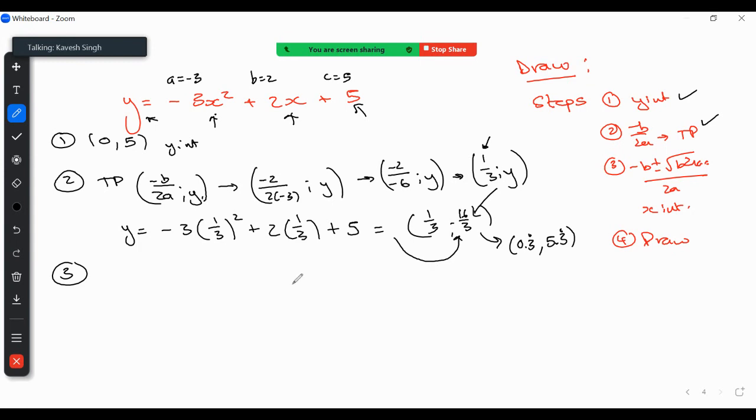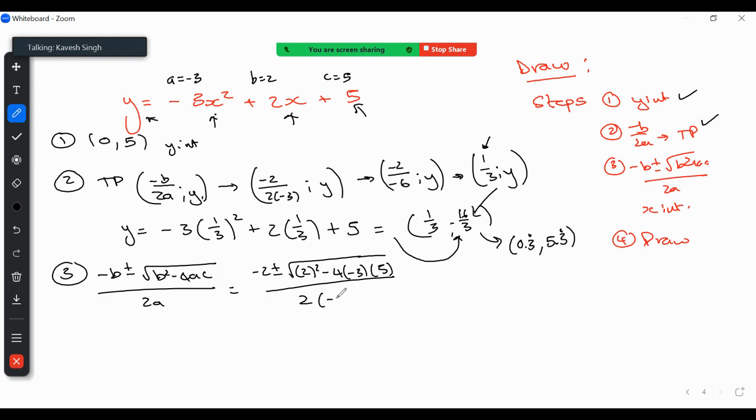Step 3, we want to find our x-intercepts. So we're going to go with minus b plus minus the square root of b squared minus 4ac over 2a. Minus 2 is my b value. 2 squared minus 4 times negative 3 times 5 over 2 times negative 3.